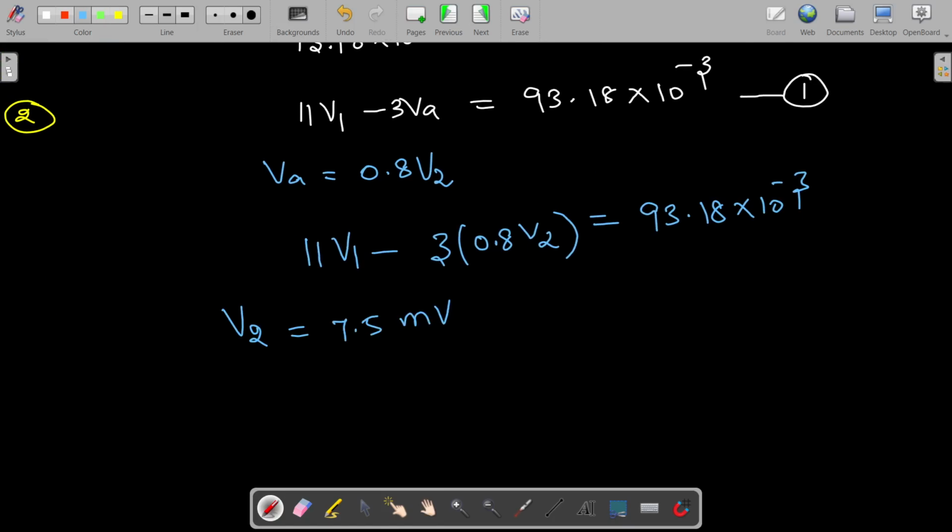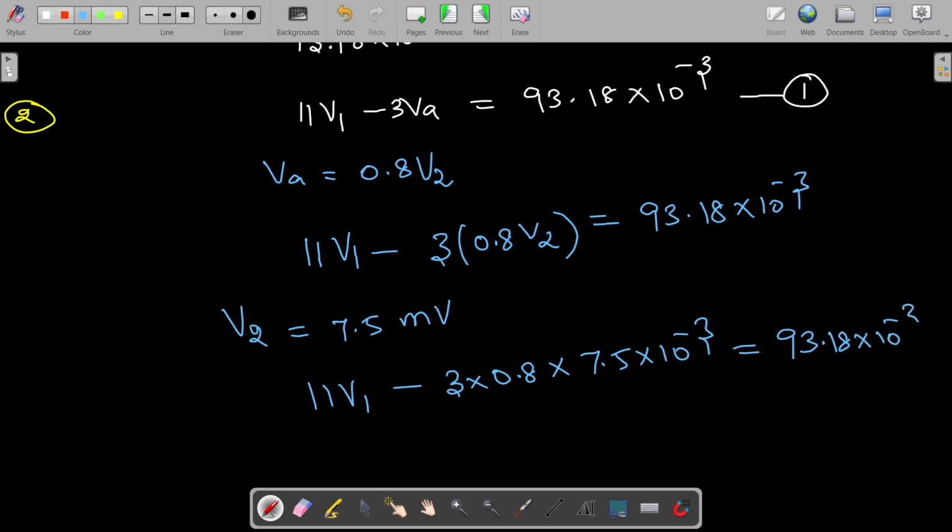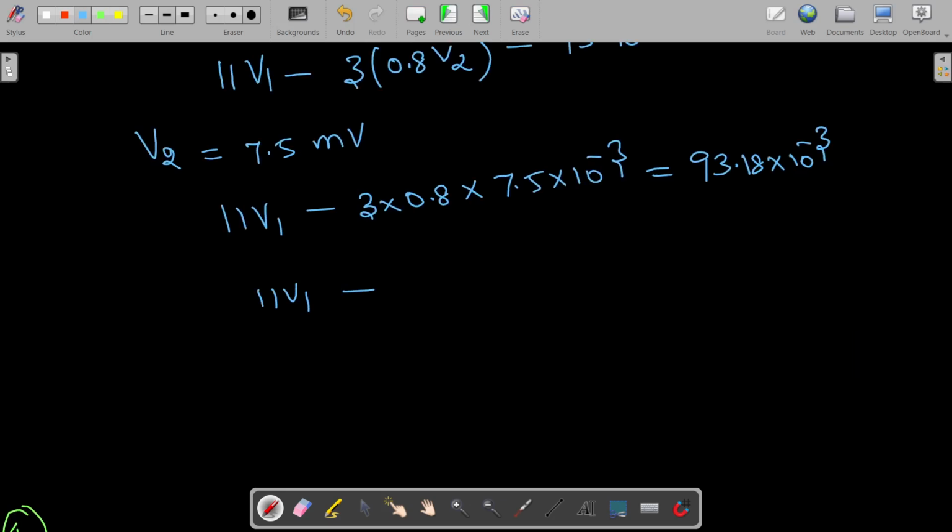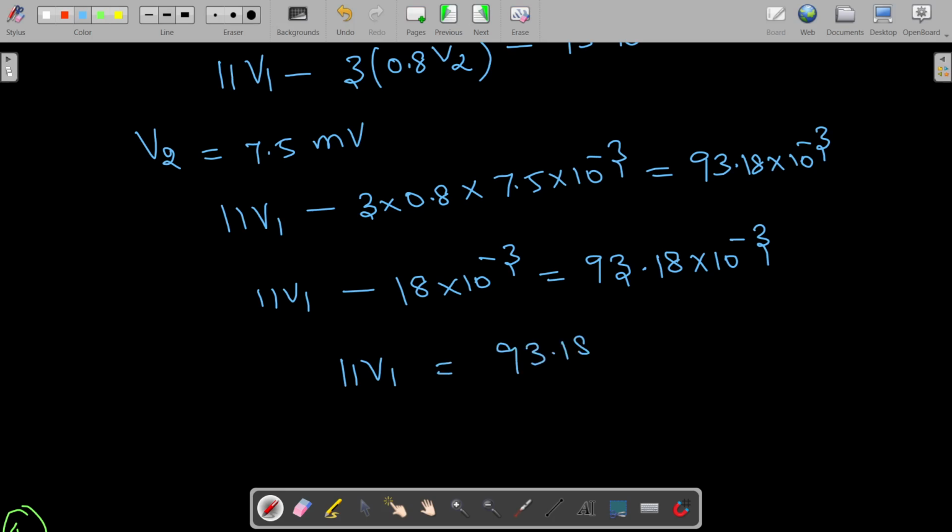That can be substituted here, so you can write 11V1 − 3 × 0.8 × 7.5 × 10^-3, since it's millivolts, equal to 93.18 × 10^-3. So 11V1 − 18 × 10^-3 is equal to 93.18 × 10^-3. So 11V1 is equal to 93.18 × 10^-3 plus 18 × 10^-3.